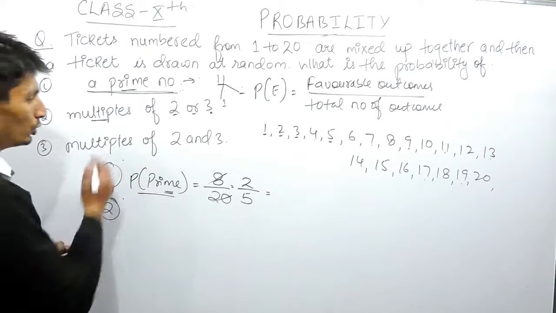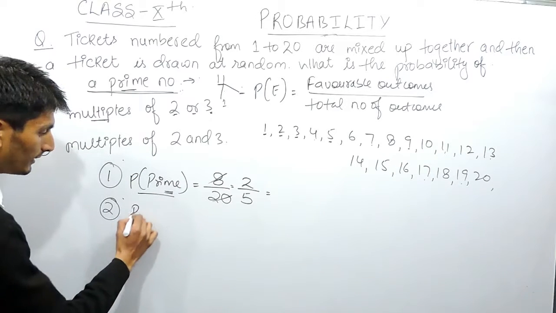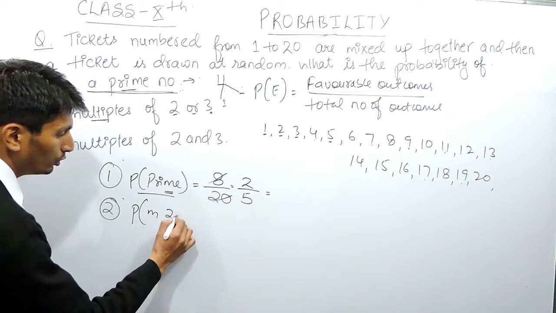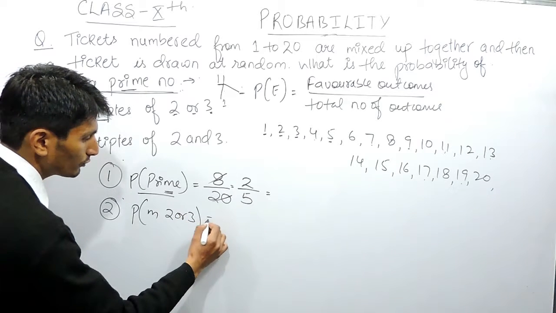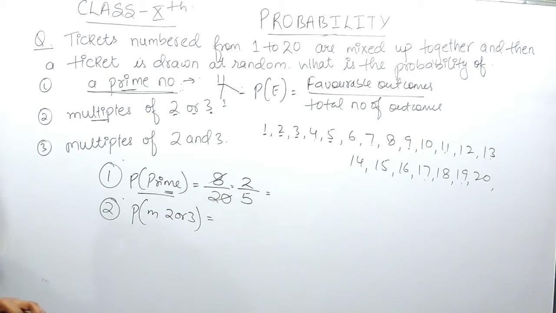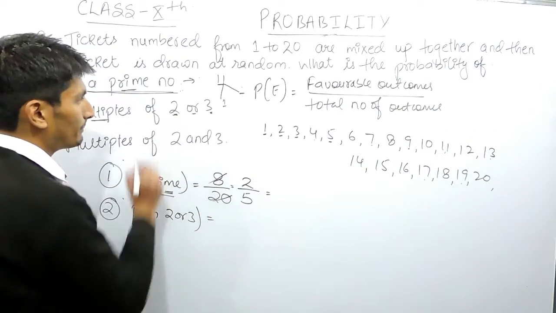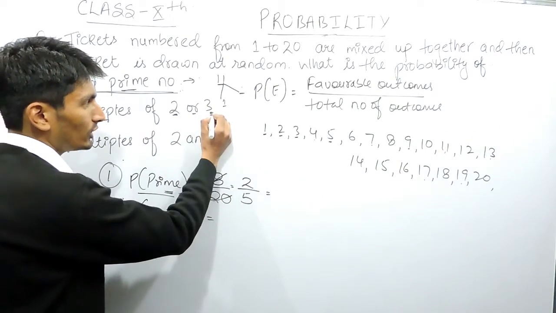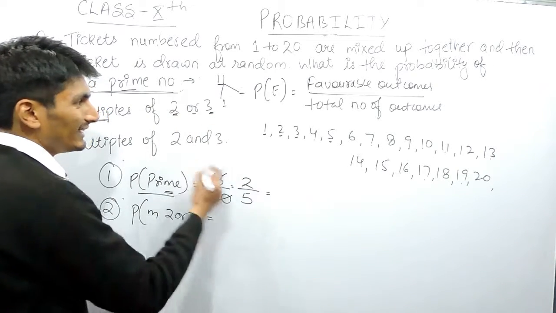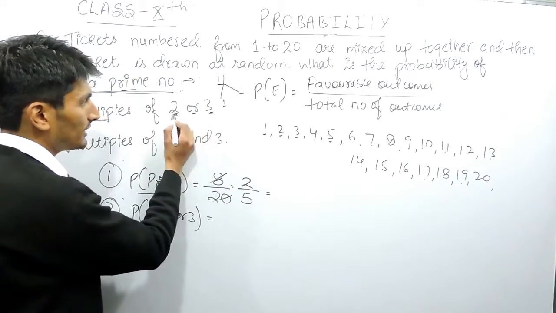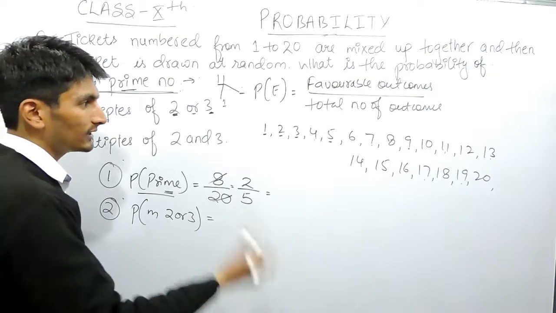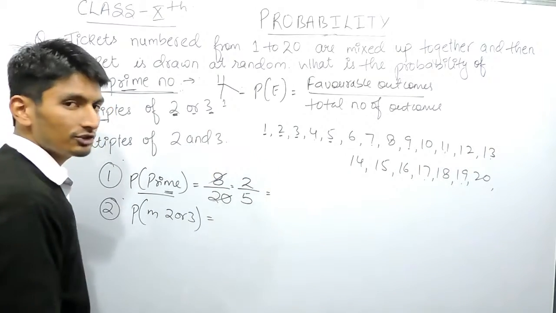So here you need to find the probability of multiples of 2 or 3. For this, we need to find the favorable outcomes. 2 or 3 means either the number must be a multiple of 2 or the number must be a multiple of 3 here.